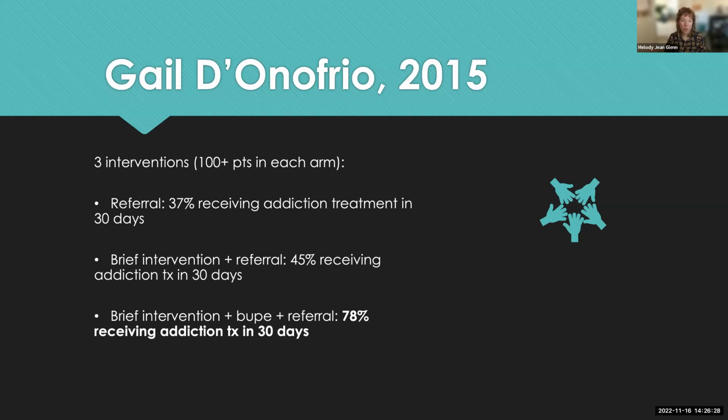And you can see that when you're also giving that, 78% of those patients were still receiving addiction treatment within 30 days, compared to 37%. And in our rural areas, I imagine that the number of patients who follow up with that referral is probably even lower, because there just really aren't that many services, and they have to travel really far to get them.